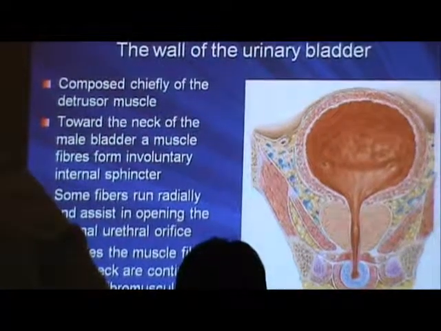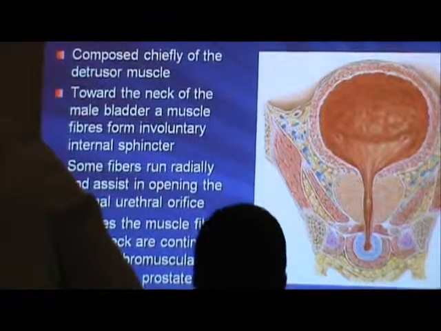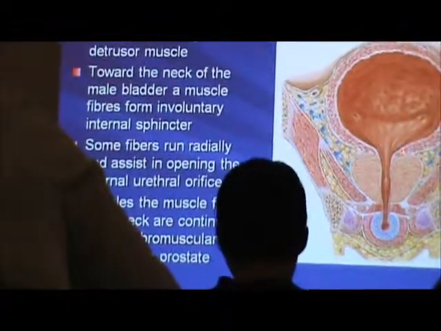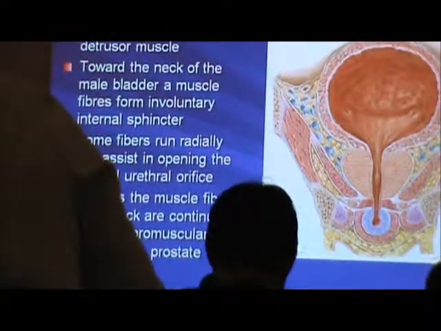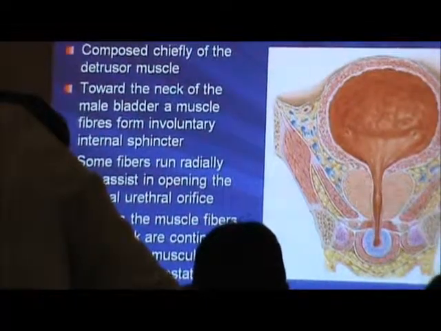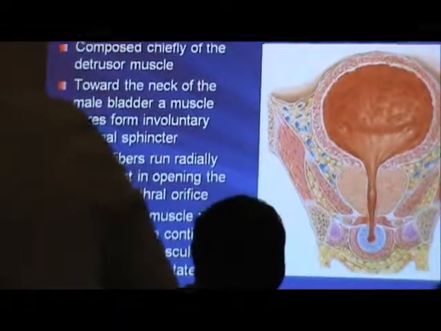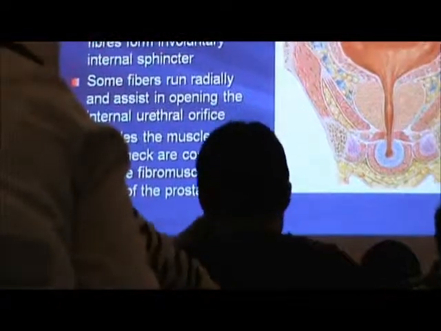of the urinary bladder. Toward the neck of the male bladder, muscle fibers form the involuntary internal sphincter. So here we can find the internal orifice of urethra. I will explain it next.